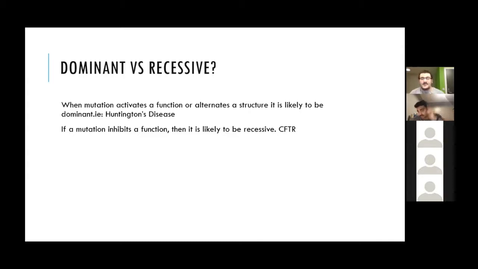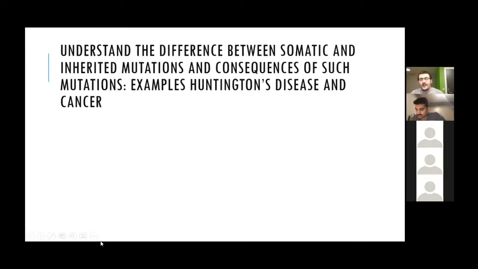The rule is that when a mutation activates a new function or alters a structure, it's likely to be dominant. But if it inhibits a function, it's likely to be recessive. And you have examples in Huntington's and CFTR. That was basically it for this learning objective.